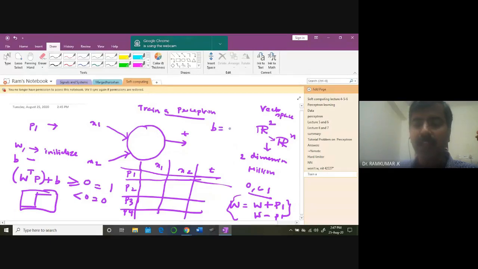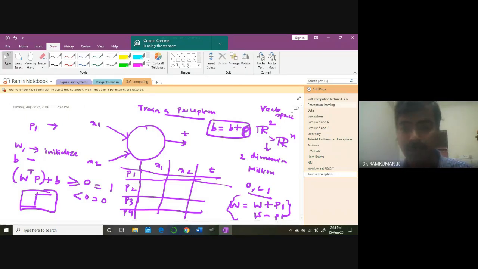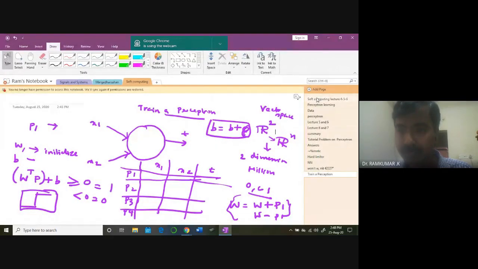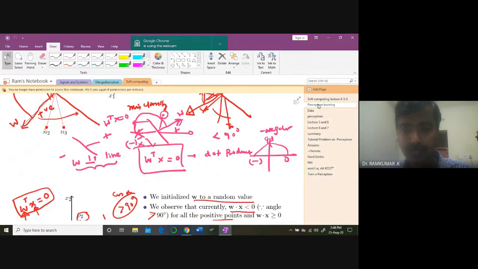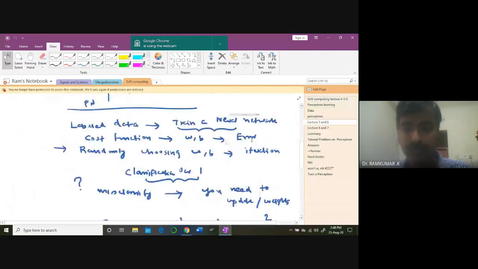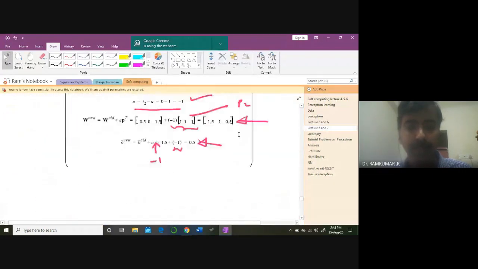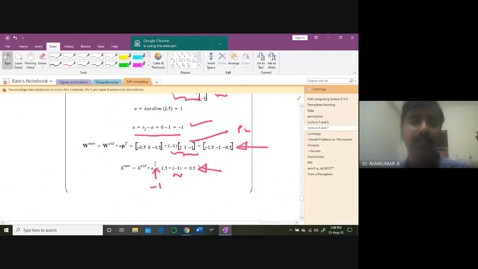And the bias can be updated the same way: B new equals B old plus E. Only the error comes in.